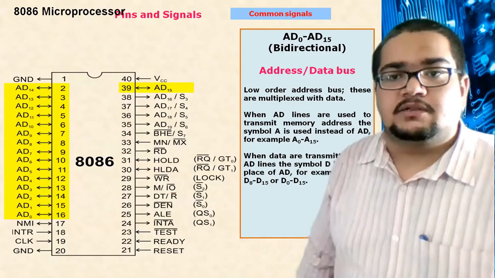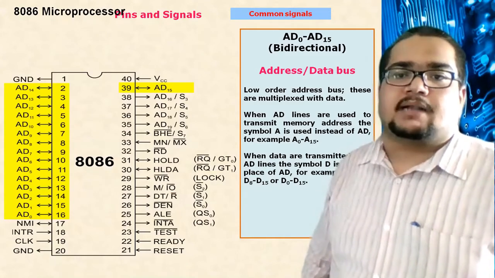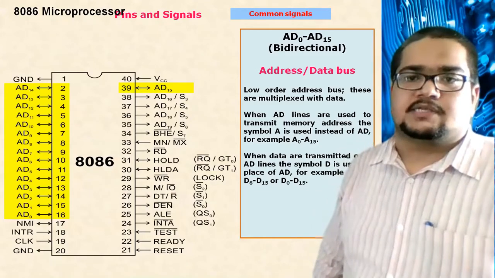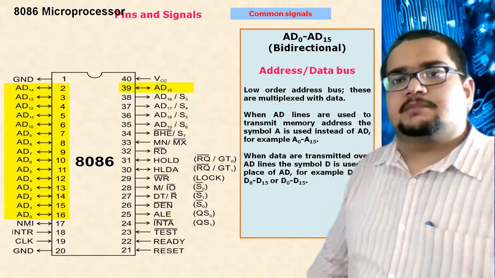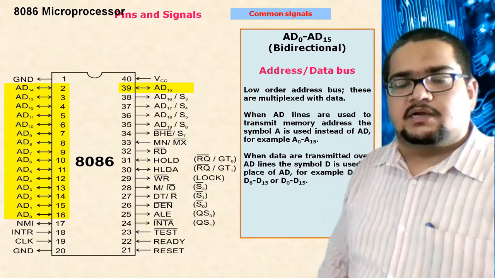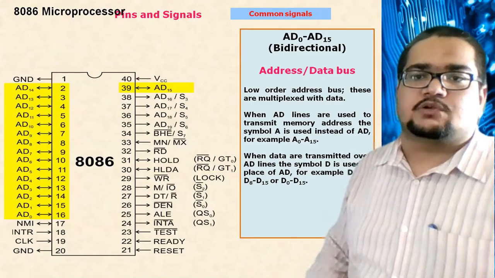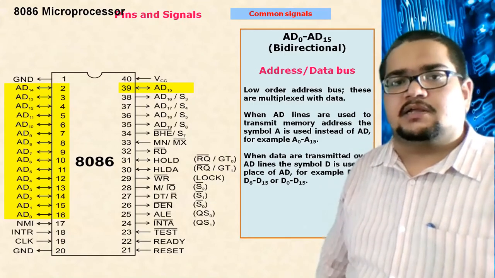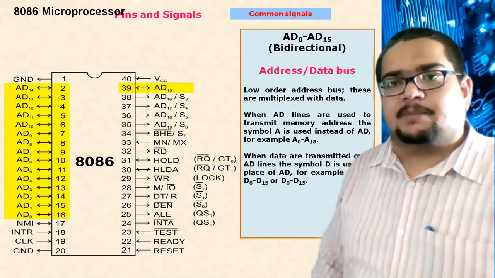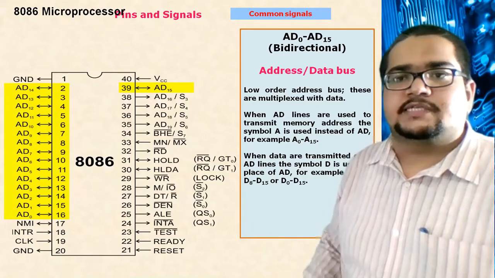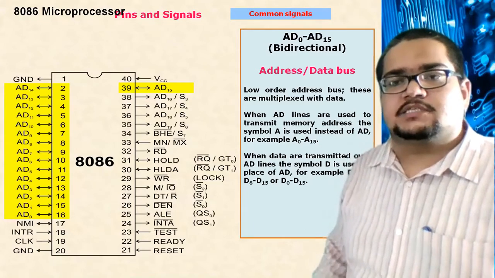And why is it done? Obviously to get compactness into the architecture. Using the same lines for multiple purposes is very good, efficient resource management rather than having the same thing two times. Just imagine that the address lines and data lines were separate. Here, now you can see in 20 lines, both address and data lines are completed.